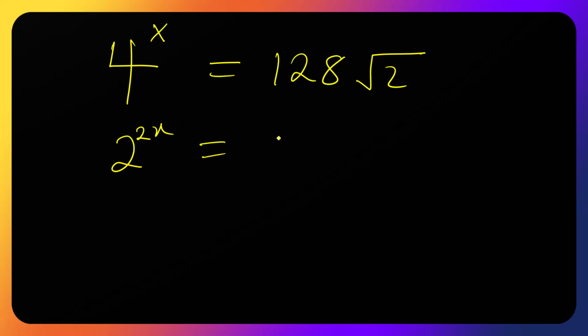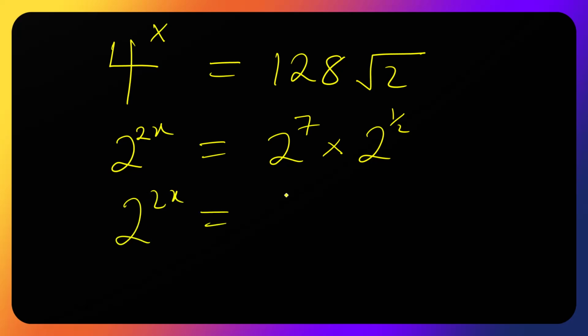And 128 is the same as 2 to the power of 7, times, this side will be 2 to the power of half. Okay, so 2 to the power of 2x equals 7 plus half. That will be 15 on 2. Yes, so let's confirm: 7 plus half, that is 15 on 2.